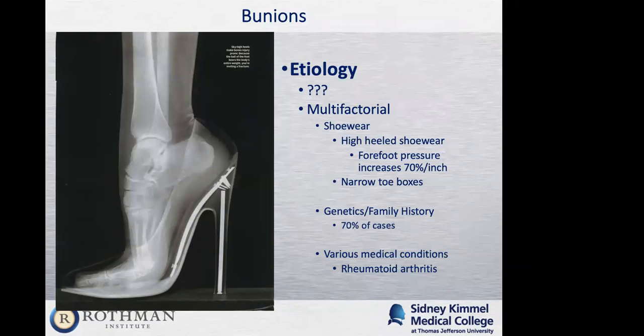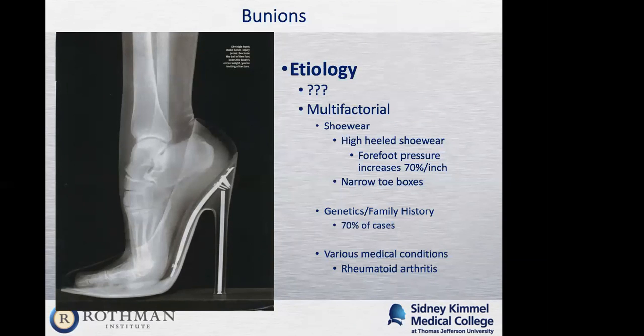The other factor that oftentimes is implicated in the development of bunions is genetics or family history. Studies have shown that upwards of 70% of the time there is some family history of bunions. So we have our parents and our grandparents to thank for these deformities. Otherwise, there are various medical conditions that can contribute.